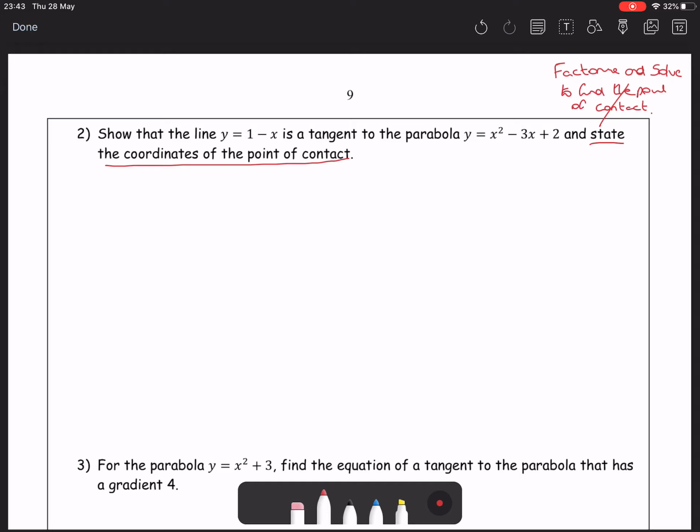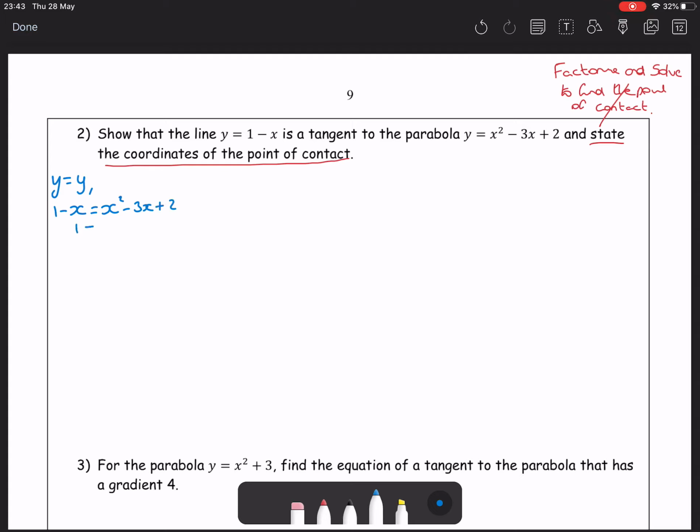So I'm going to do the common bit of the solution in blue, and then I'll split the second parts in the two different colours. Okay, so again, if we're showing that it's a tangent, we're saying, well, what is happening when y is equal to y? Our first y is y equals 1 minus x, and what's happening when it's equal to x squared minus 3x plus 2.